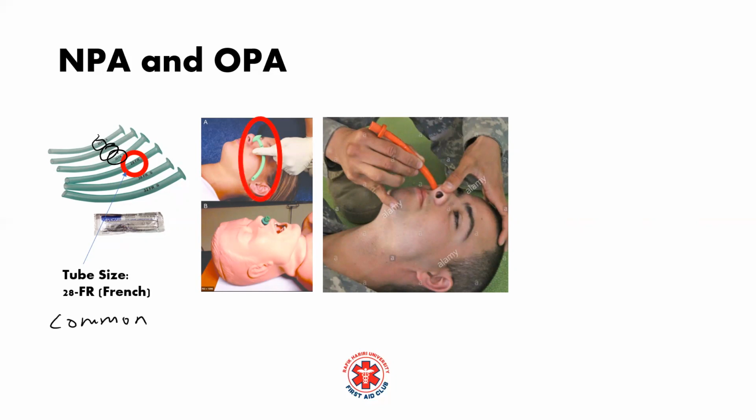I'm going to measure from the nose to the earlobe, to the bottom of the ear. And this tube should not be stretched out. If it fits in between this gap, normally, then the tube is the right one.